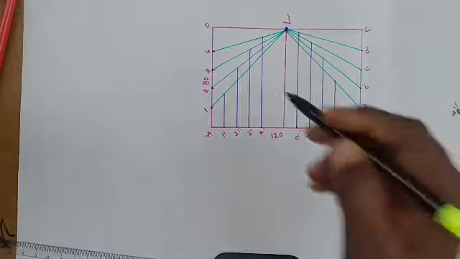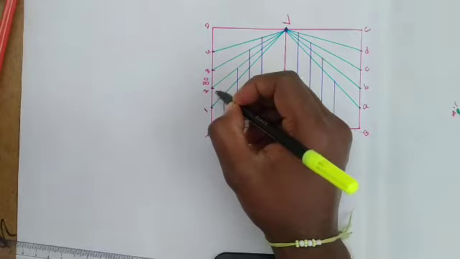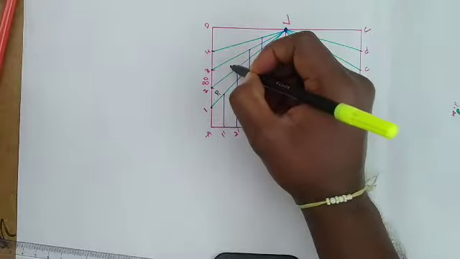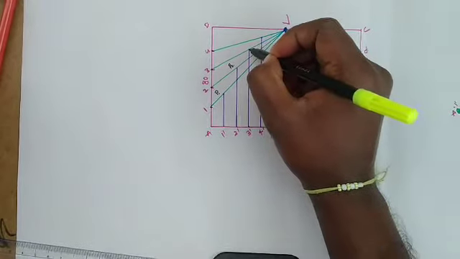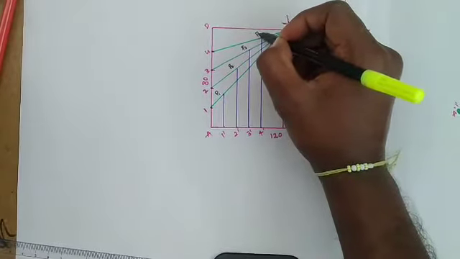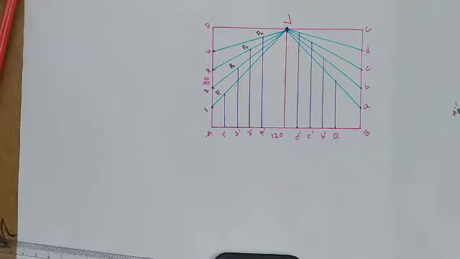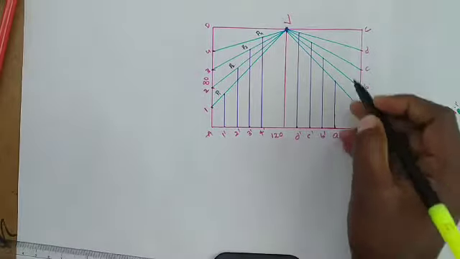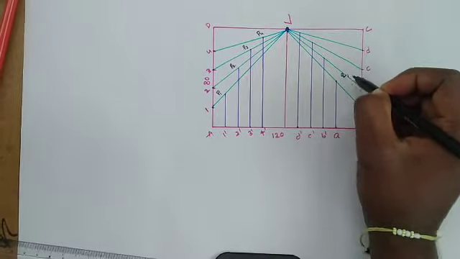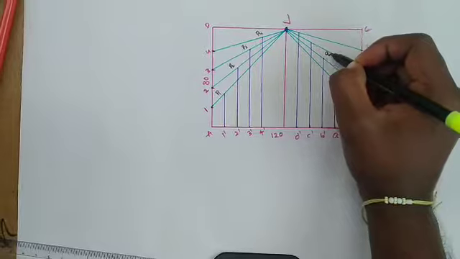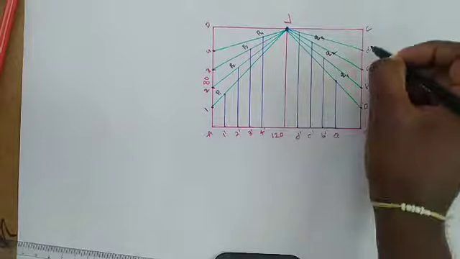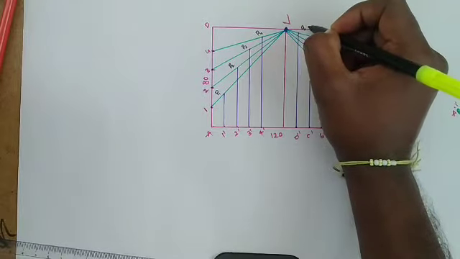Let the intersections be P1, P2, P3 and P4. Likewise, the intersections of AA dash, BB dash, CC dash and DD dash are Q1, Q2, Q3 and Q4.